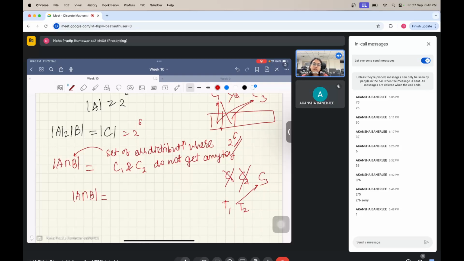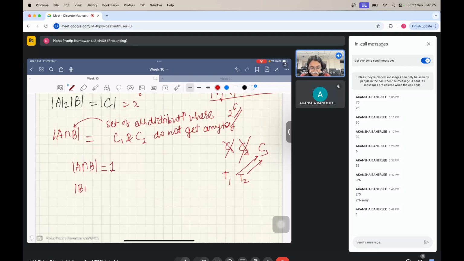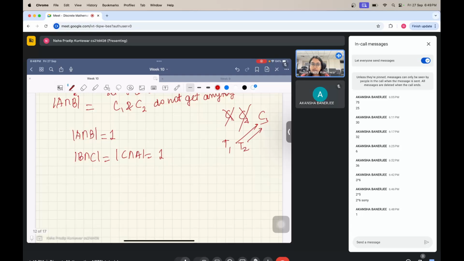Similarly, for the second toy you can't give it to C1 or C2, so you're forced to give it to C3, and this happens for all the toys. So essentially there is only one way, that is to give all the toys to the third child. So the number of ways of doing this is 1. And similarly you can see that B intersection C and C intersection A is also 1. This is again by symmetry.